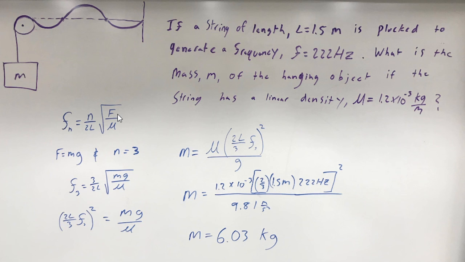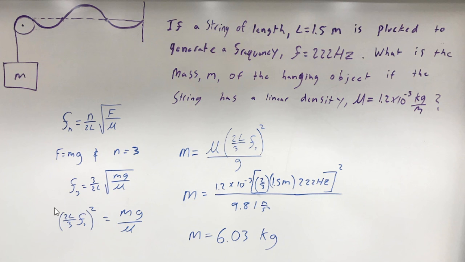That's what we're going to have to solve for, because our tension in this case is just our hanging mass times gravity, and mu we're given. So we could substitute our F for tension, which is equivalent to mass times gravity. And if we look at this string, we have 1, 2, 3 antinodes, so our n value is just going to be 3.